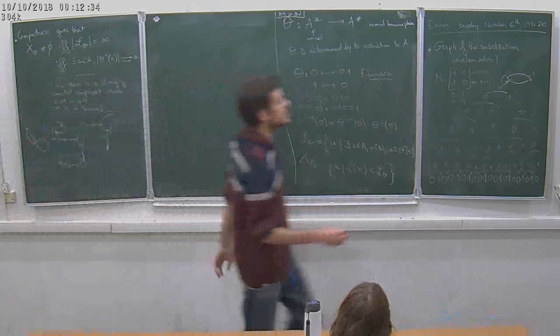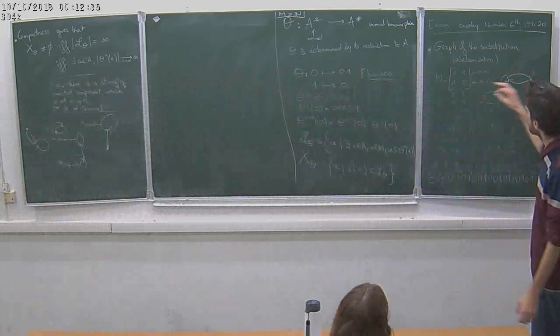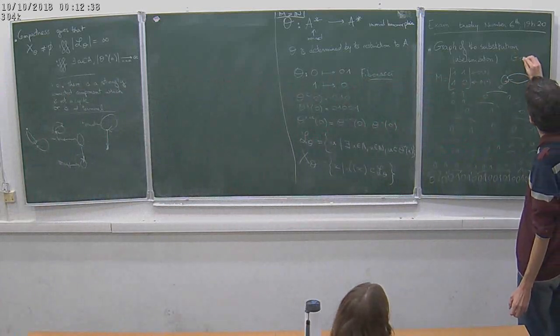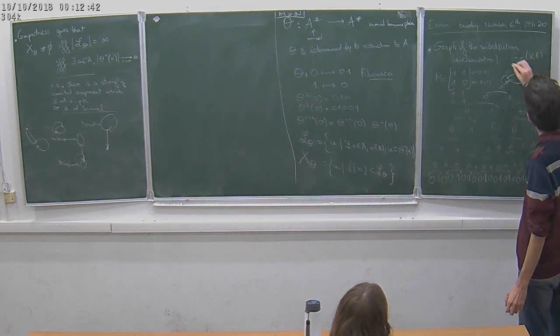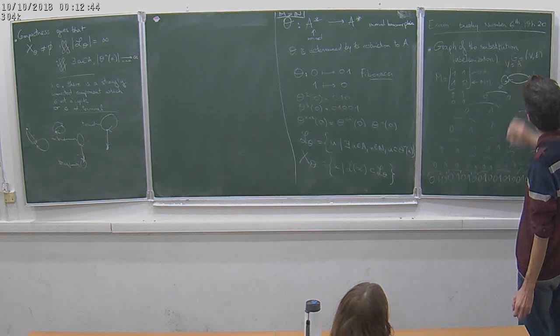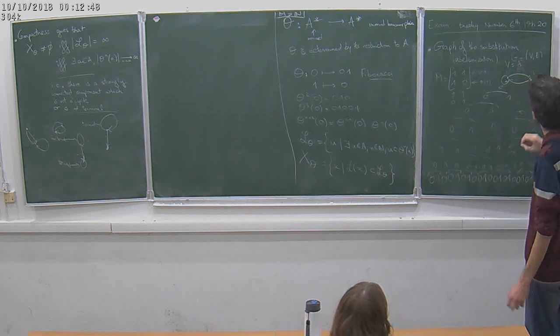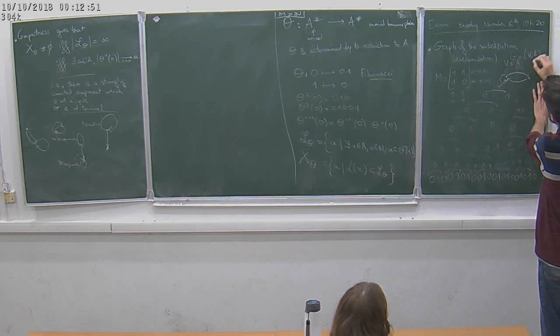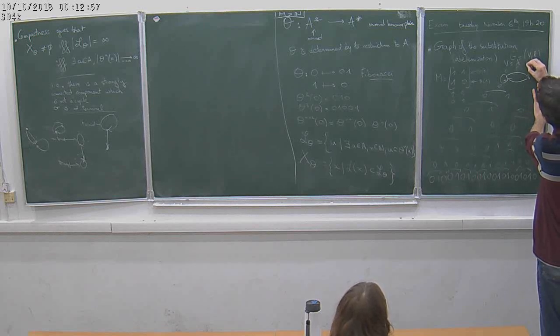You understood from the matrix that the set of vertices is the letters and the edges. There is an edge. Maybe I can write it like this.